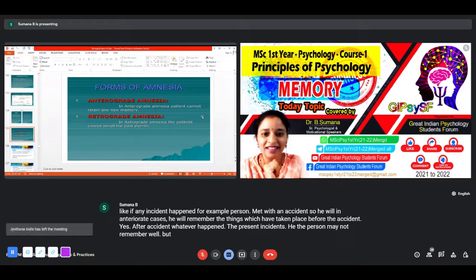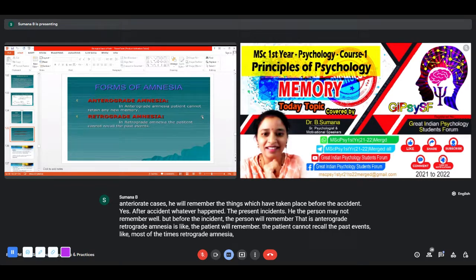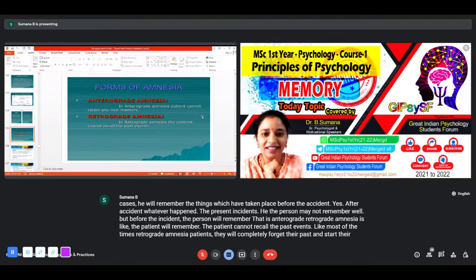But before the incident, the person will remember. That is anterograde. Retrograde amnesia is where the patient cannot recall past events. Most of the time, retrograde amnesia patients completely forget their past and start a new life.